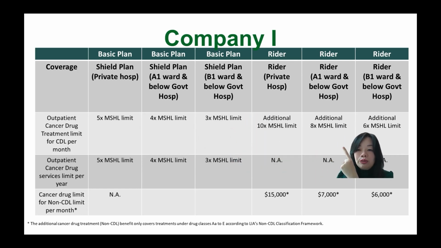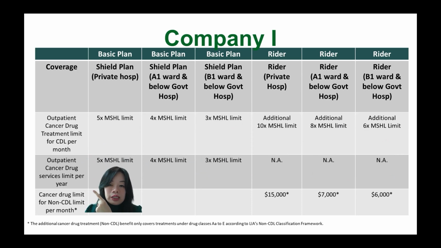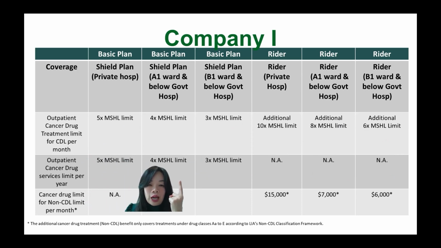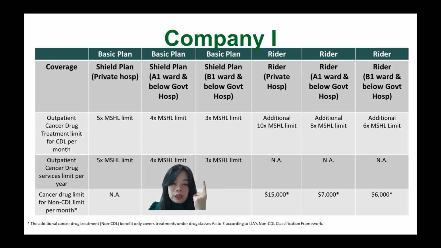And if you have its rider, it will be an additional 6 times of the MediShield Life limit. So total 9 times. That is if it's under the cancer drug list. For services, it will be standard at 5 times, 4 times, or 3 times, depending on the type of plan that you have. Even if you have the rider, it doesn't apply, it will still be these particular limits.